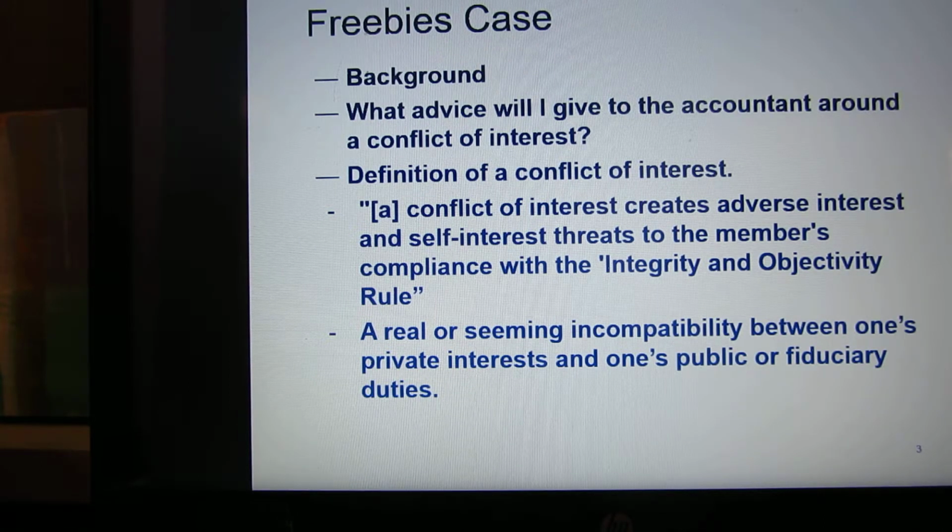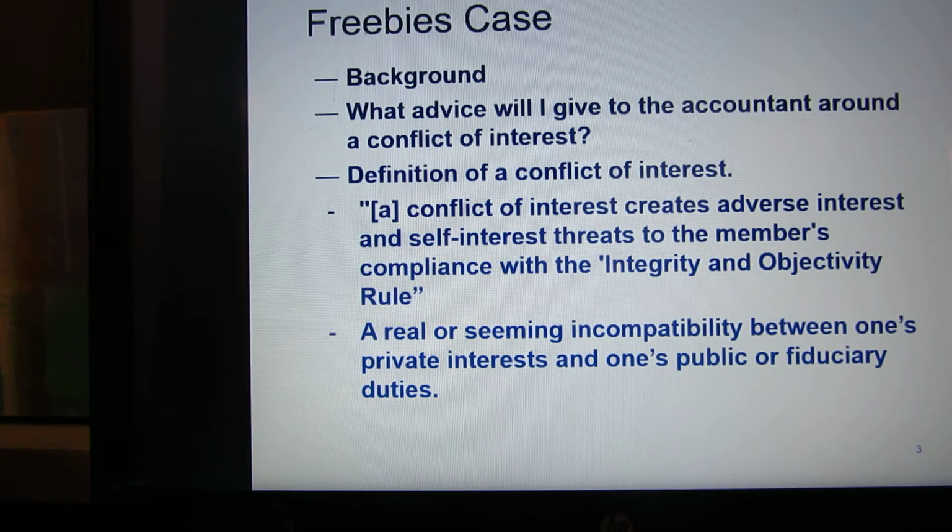For the purposes of this presentation, I find Black's Law Dictionary's definition more helpful. Black's Law Dictionary provides the following definition of a conflict of interest: a real or seeming incompatibility between one's private interests and one's public or fiduciary duties.